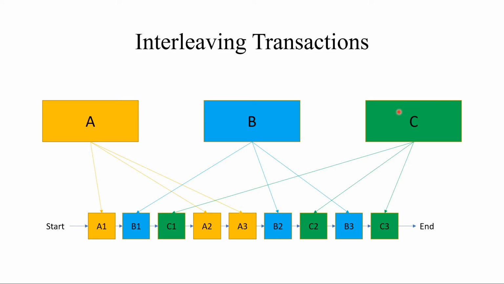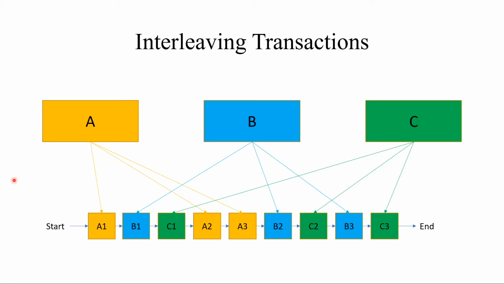As you can see here, the DBMS processes A1 first, but then carries out operations B1 and C1 before completing the remainder of A's operations. And then B and C take turns executing their operations until transactions B and C are finally fulfilled. So hopefully this gives you a better understanding about how interleaving works.